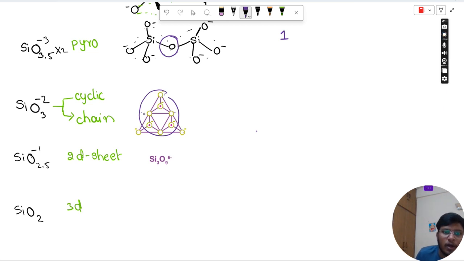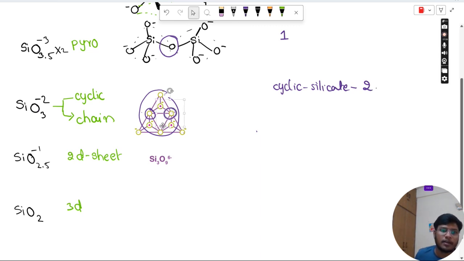So here we need to count how many. Let's consider this silicate. It is joined with two more tetrahedron structures. The oxygens joined are this one and this one, and these two oxygens are not connected to any other. So cyclic silicates have two corner oxygen atoms.